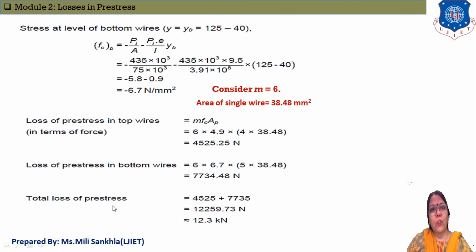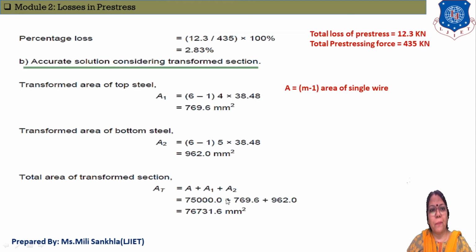Now total loss of pre-stress is the summation of loss of top zone plus loss of bottom zone, that is equal to 12.3 kilonewton. Unit will be converted from Newton into kilonewton. Okay, now percentage loss is always found with respect to initial pre-stressing force.